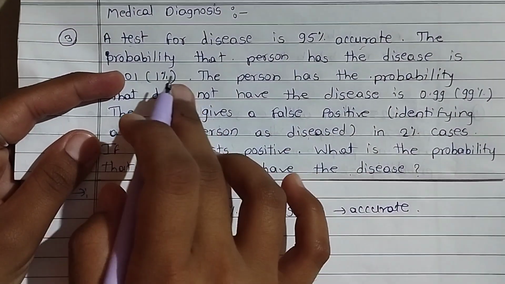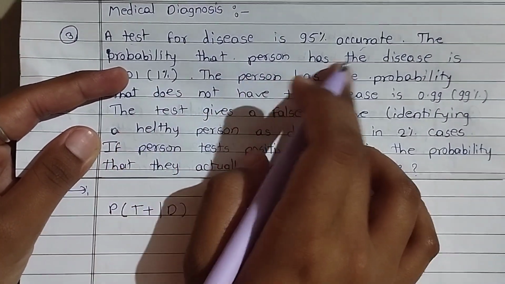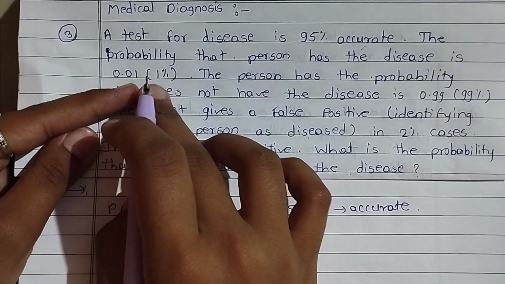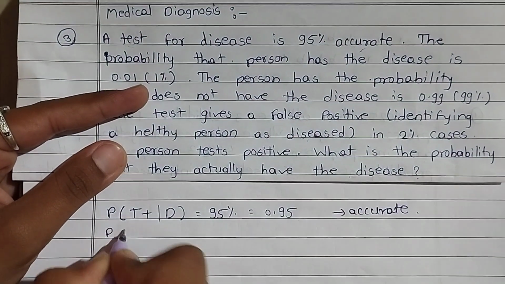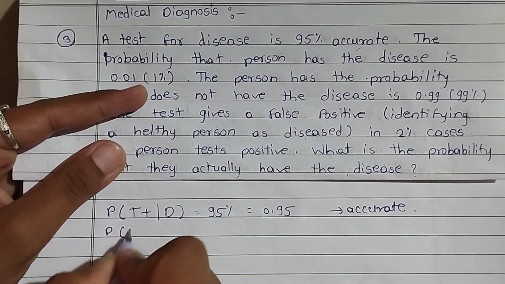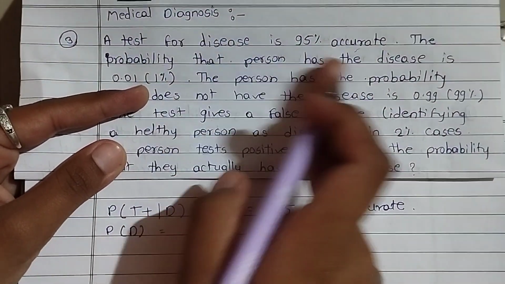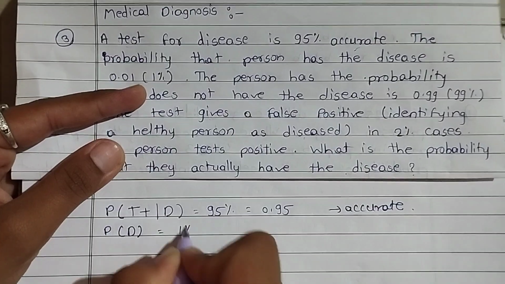Now second, the probability that the person has the disease is 0.01, which means 1%. So the probability of disease is 1%.